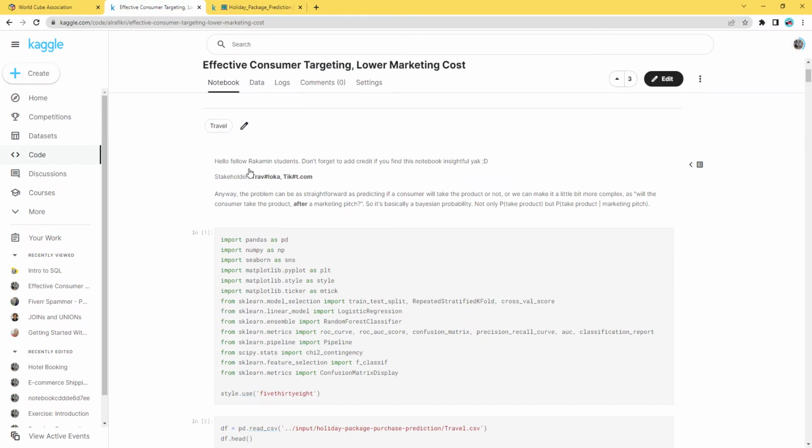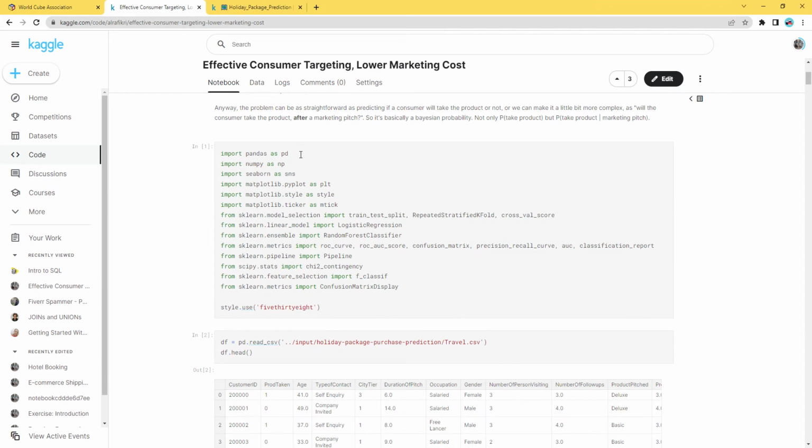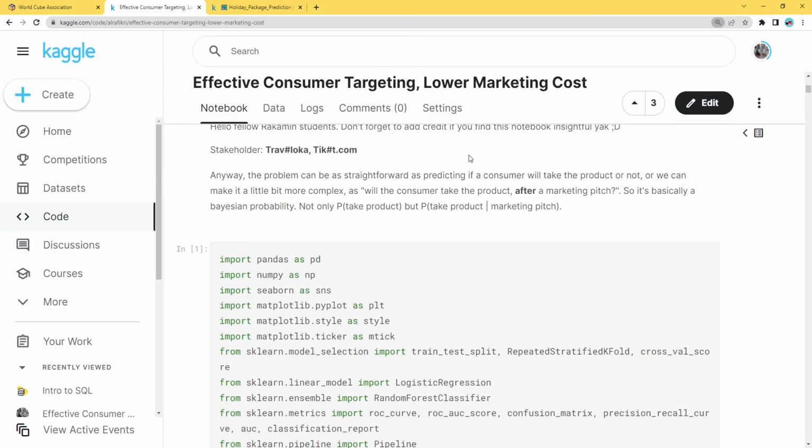Here is my code. To define this problem, it could be as straightforward as a model that predicts, based on a customer's characteristics, whether they will take the product or not. But I want to make it more relevant to marketing, so I frame it as a Bayesian probability.